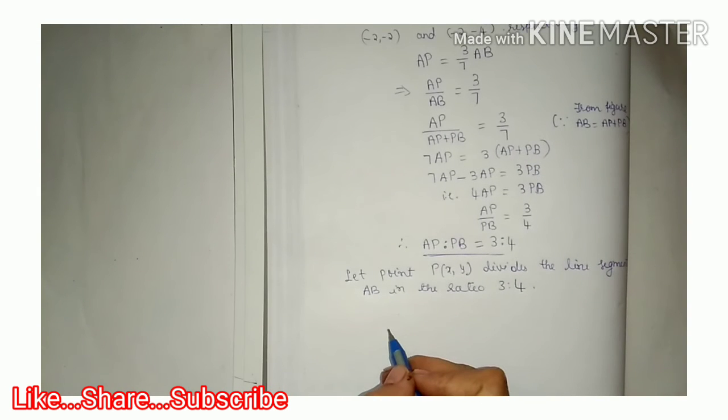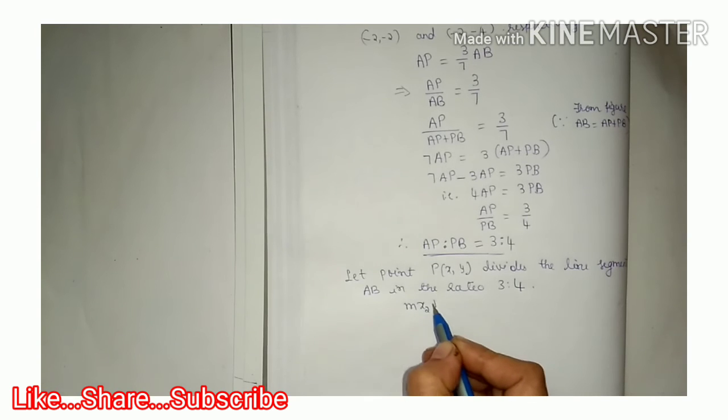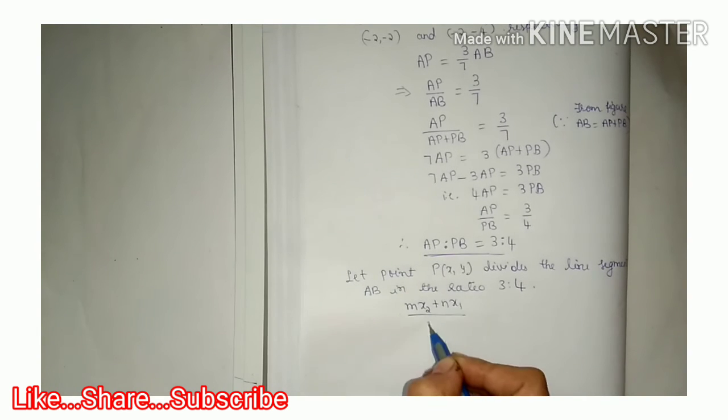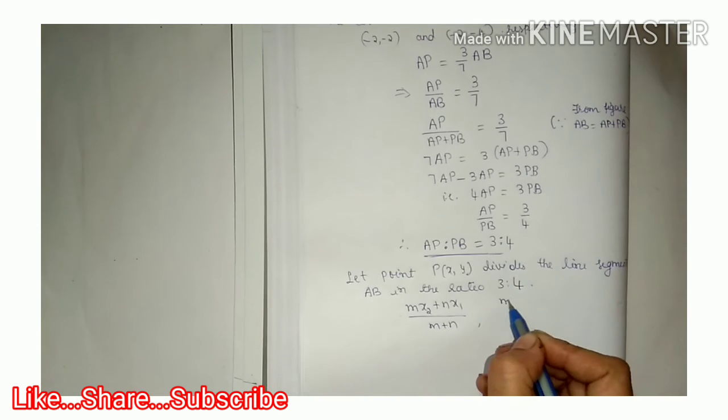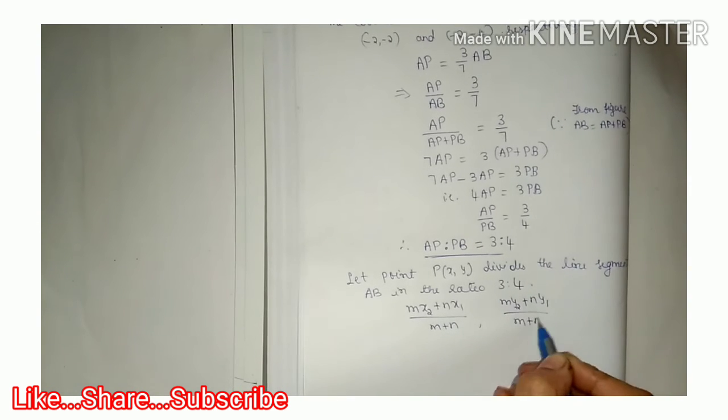By applying the section formula we get (mx2 + nx1)/(m + n), (my2 + ny1)/(m + n).